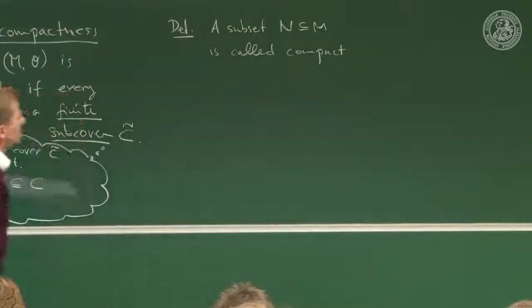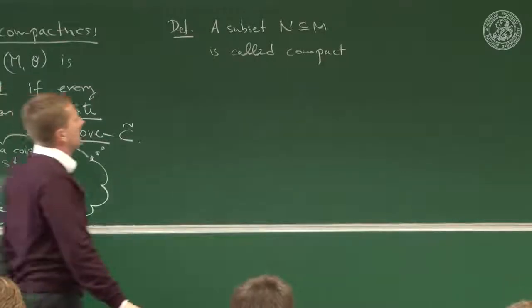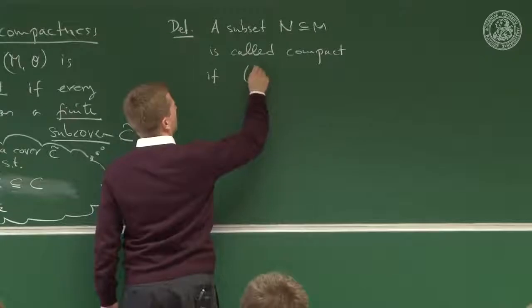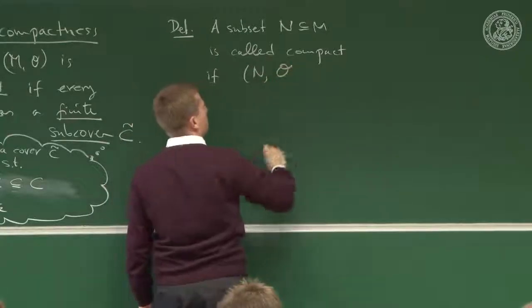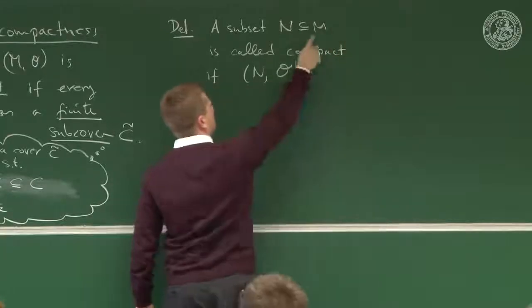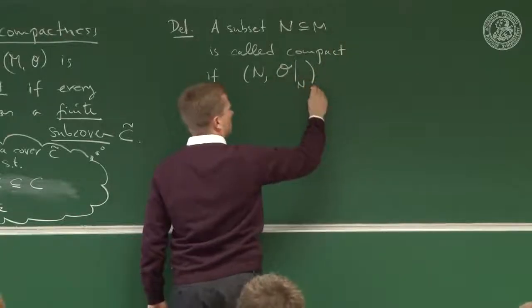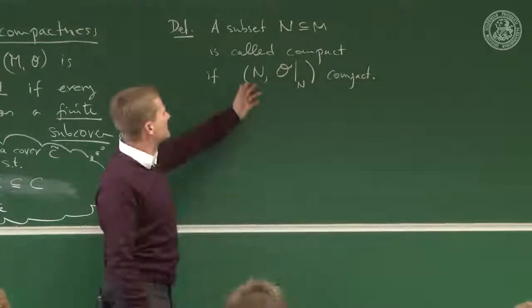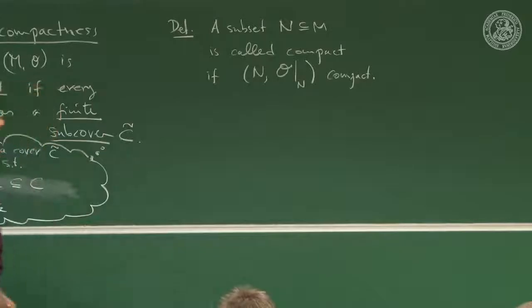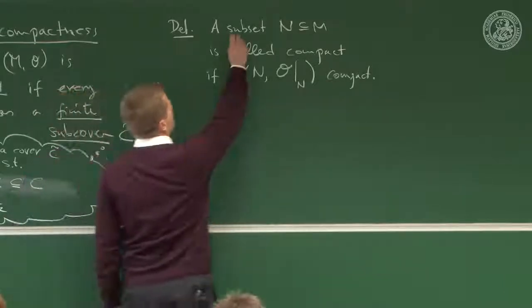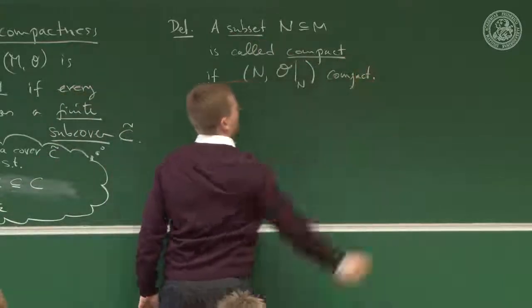Obviously, we have to get a topology for N. It is compact if N, equipped with the topology of M induced on N, is compact as a topological space. So by equipping the subset with the subset topology, you make it into a topological space in its own right, and if that is compact, then the subset is called compact. Very simple.